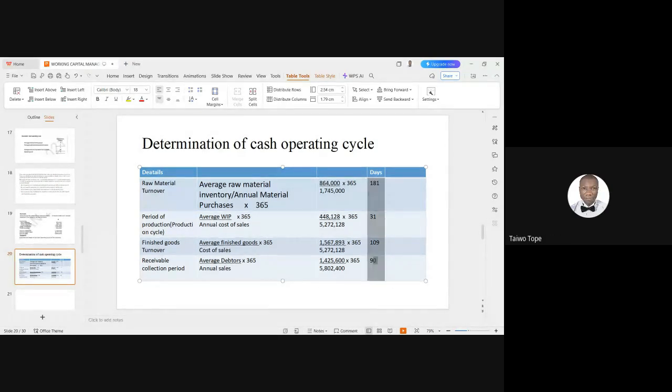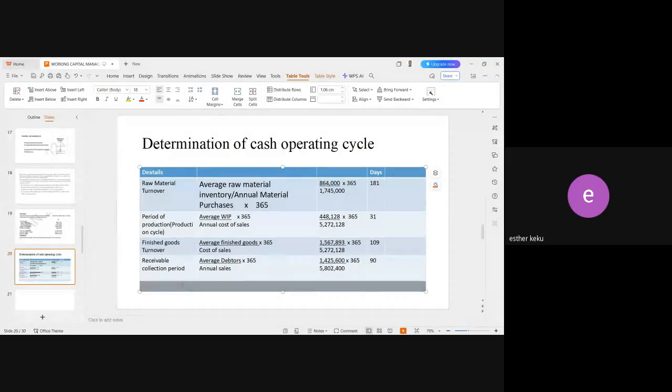When you add all these, it will give you the number of days for you to hold your stock and for you to collect your money from your customers. Because all these are current asset items. So when you add, the outcome will be what? 411.